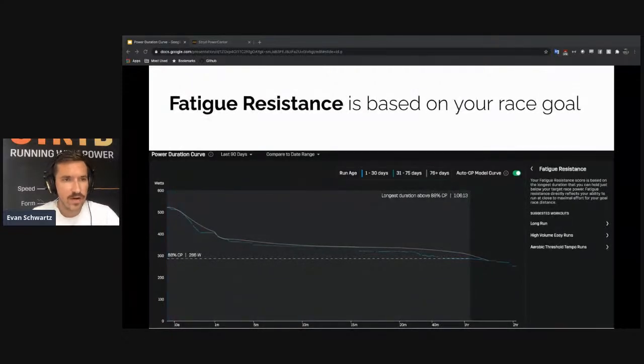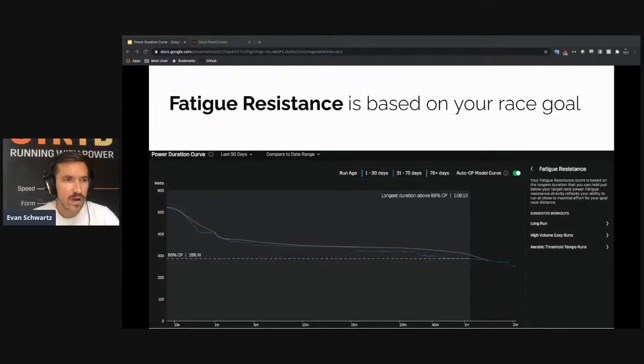The next section here is fatigue resistance. And this is important to know, it's based on your goal race. So if you choose 5K, 10K, half, full, ultra, different distances for your race, the fatigue resistance will change. Your fatigue resistance score is based on the longest duration you can hold just below your target race power.